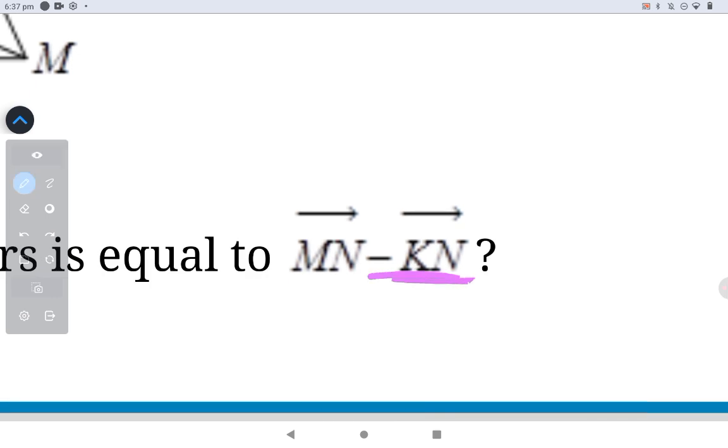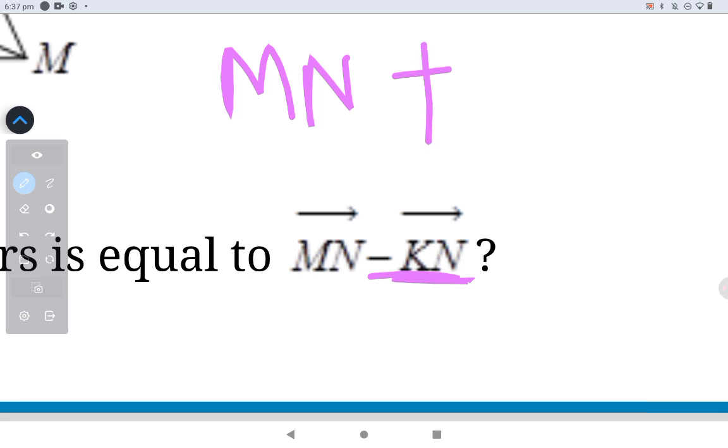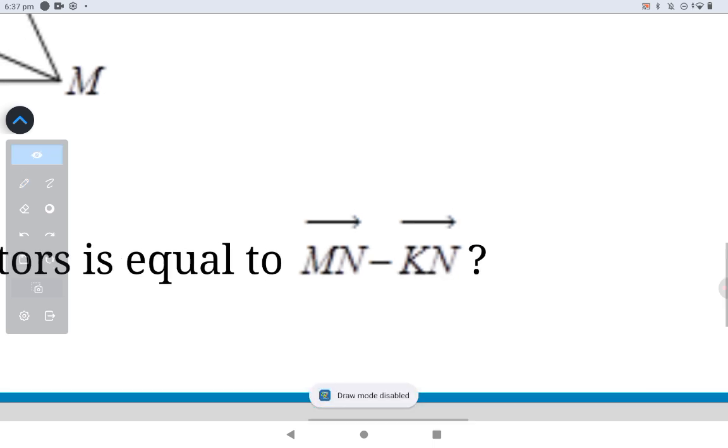So Mn minus Kn will turn into Mn plus Nk. When you have something minus something, just flip the one with the negative. So Mn minus Kn will become Mn plus Nk. Now Mn plus Nk, simple.